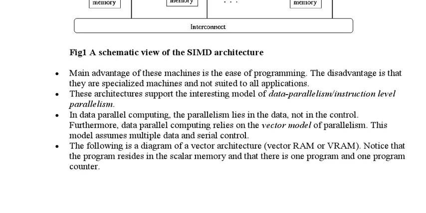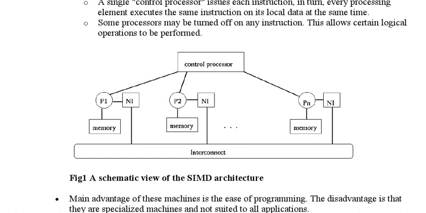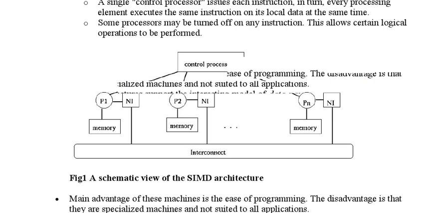Because of this SIMD architecture, for loop or loop type instruction execution has become simple. So now, to simplify your programming task, you can include more of these things in your programming. The disadvantage is that they are specialized machines and not suited to all applications.